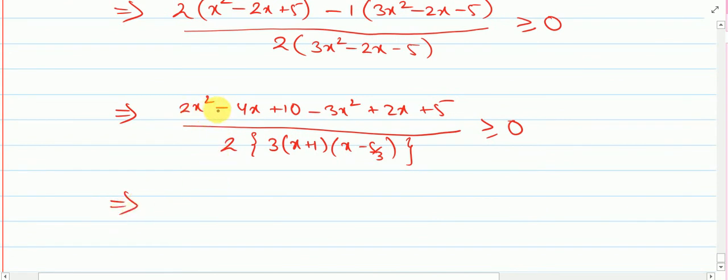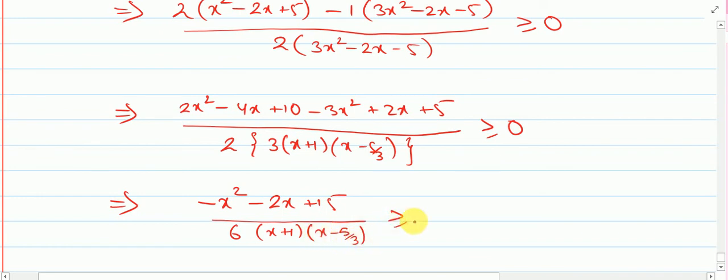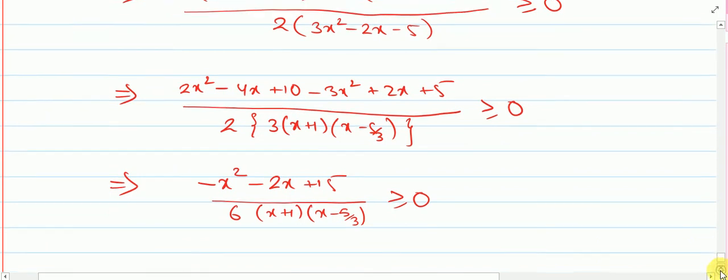Here 2x square minus 3x square, so you get minus x square, minus 4x and plus 2x, you get minus 2x. Here plus 5, plus 10, and here plus 5, so you get plus 15. And down you are getting 6 x plus 1 x minus this greater than equal to 0.